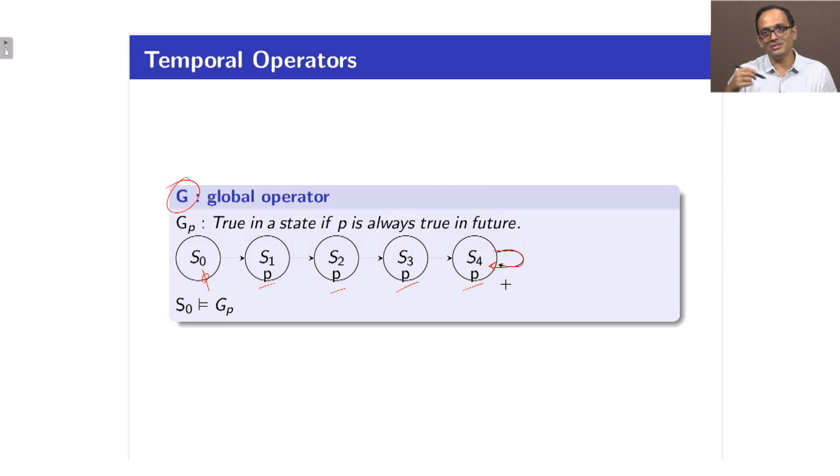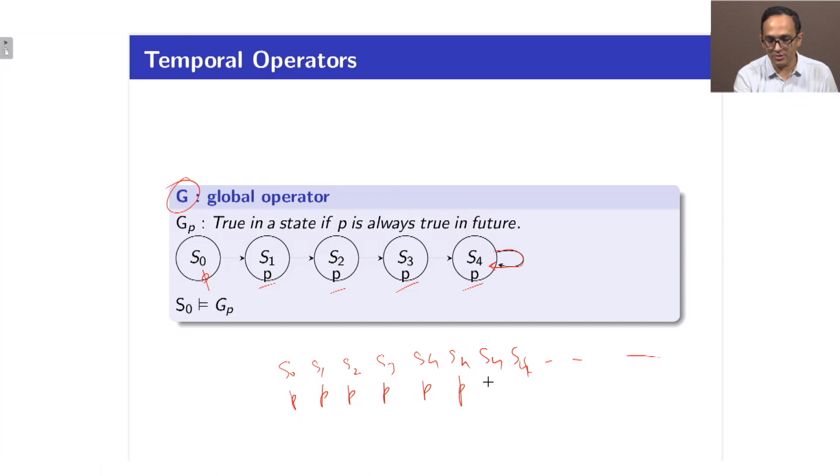That is why I put a cycle here. That means it is an infinite path. The sequence is like S0, S1, S2, S3, S4 and then S4, S4, S4, repeating S4 forever. So, it is an infinite path, and you see p holds here, here, and here, and p will keep holding in all the states in my path.